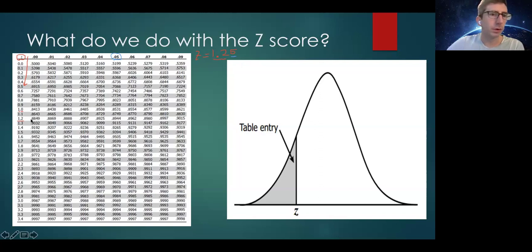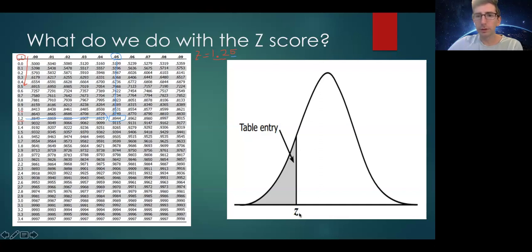And then we would come down in our 1.2 row from this 0.05 all the way to where those two things intersect. And we would get this 0.8944 number. And this 0.8944 is the area under our curve over here, to the left.